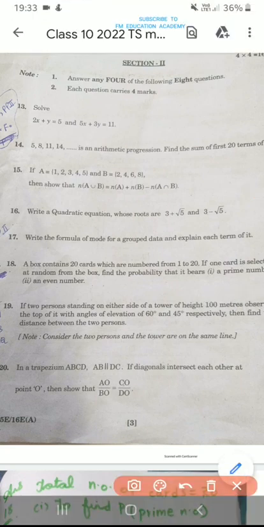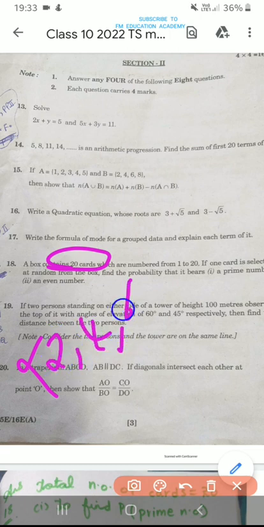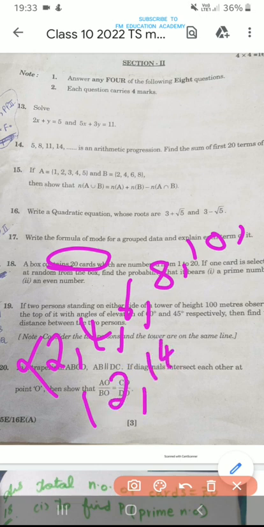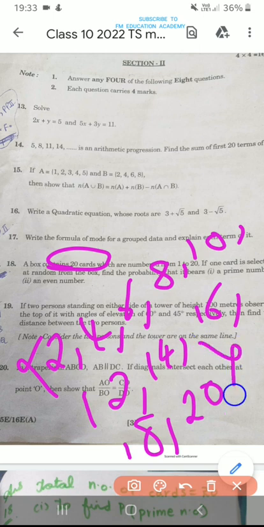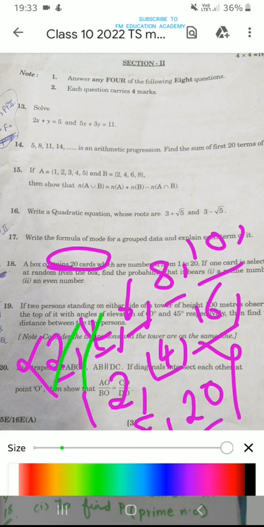It is telling us to find the probability that it is an even number. So from 1 to 20, how many even numbers do we have? 2, 4, 6, 8, 10, 12, 14, 16, 18 and 20. 1 to 20 means 20 will also be included. So how many numbers are there? 1, 2, 3, 4, 5, 6, 7, 8, 9, 10.